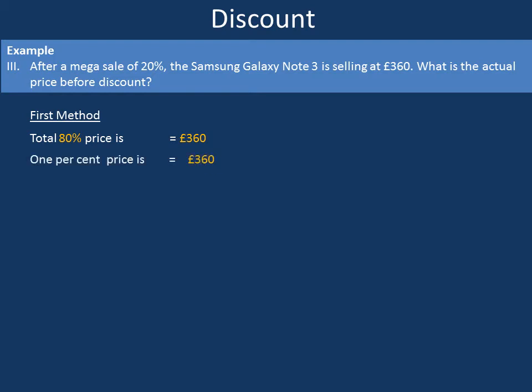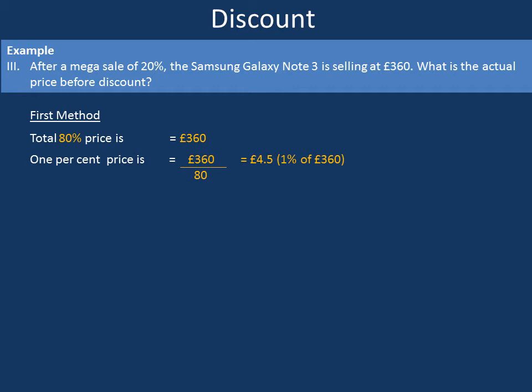Now look into that. You need to find the first percentage, the 1%, which is actually in £360. So if you do that, you divide 360 by 80, which will give us our 1%. That's going to be £4.50.